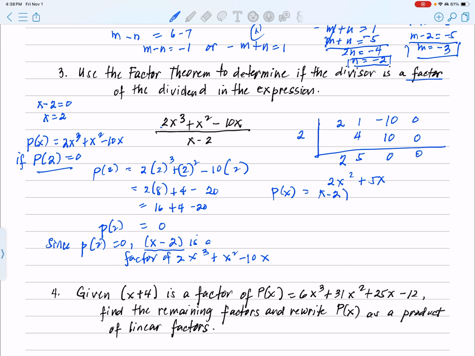And the other factor is 2x squared plus 5x. But we can still factor that further by having x as a common factor.